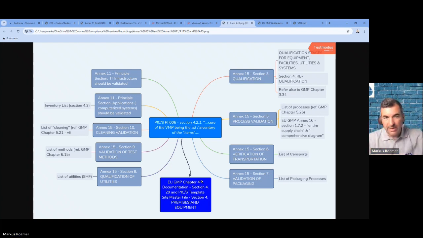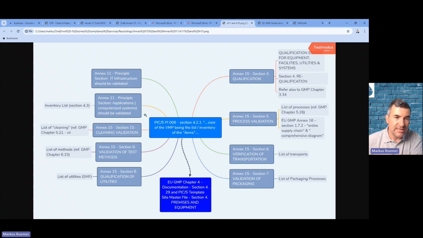Basically, on top, you also have a list of products, and then you can see what kind of equipment and what kind of processes you are using to produce that. And there could be some overlapping. You can have different approaches then for process validation or bracketing approaches and so on.